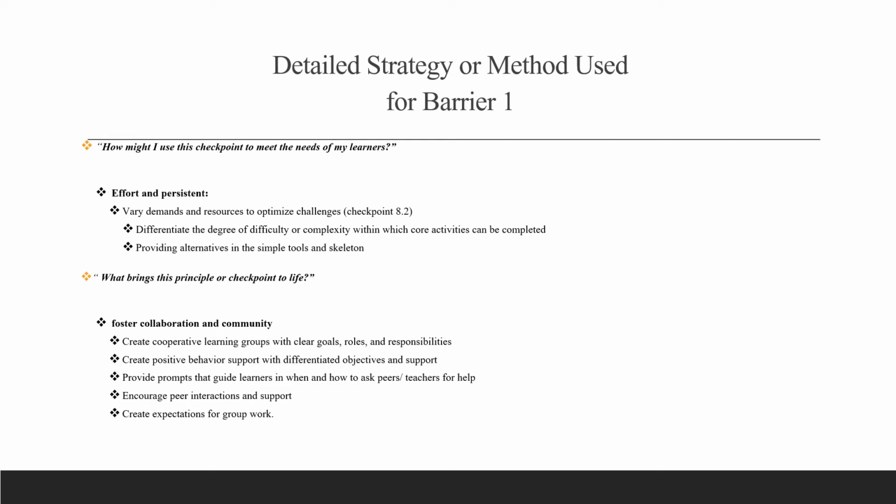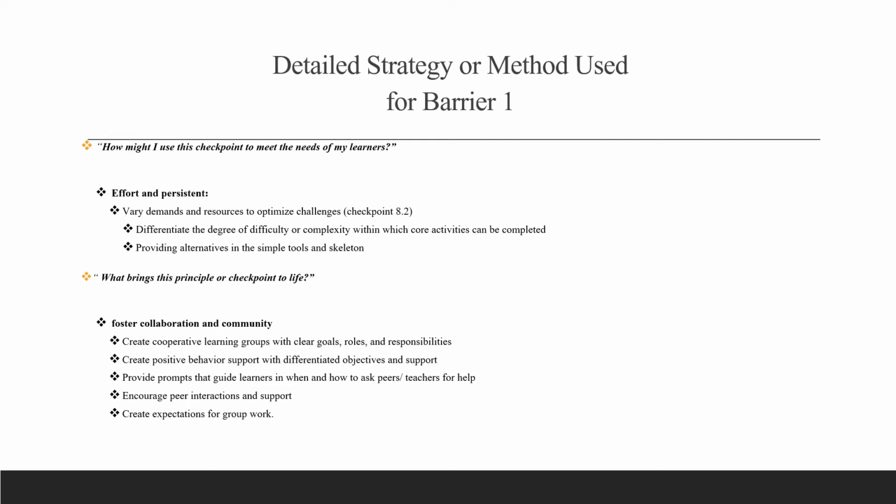For the detailed strategy or method that I would use for barrier 1, I found good checkpoints. For the first barrier, which was understanding the content, how might I use the checkpoint to meet the needs of my learners?